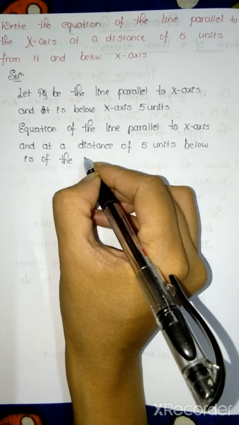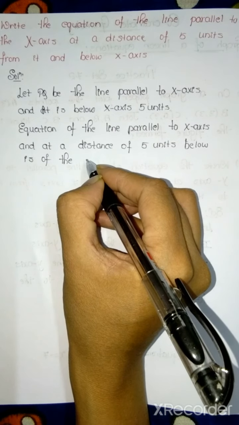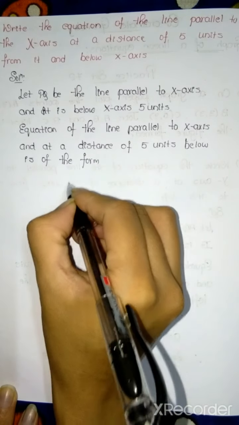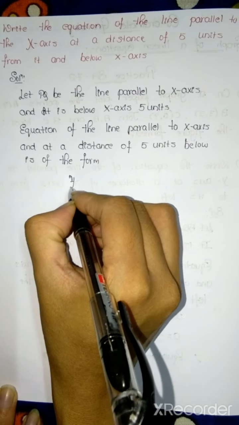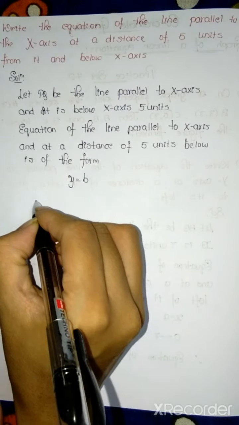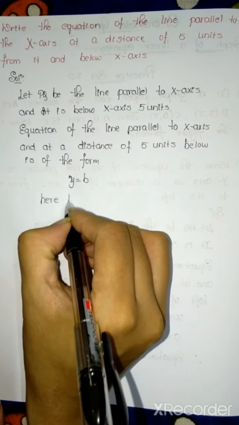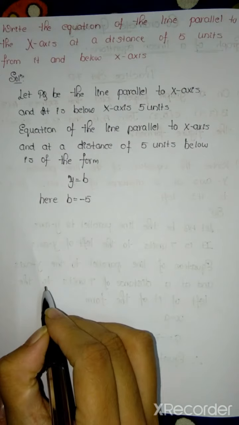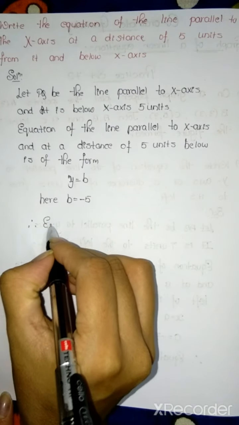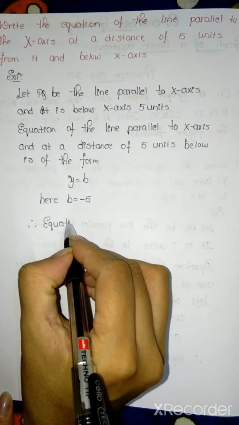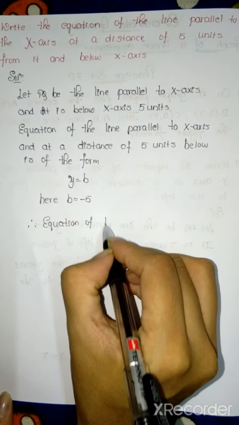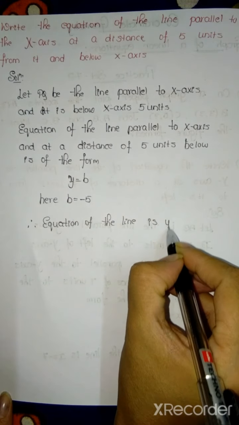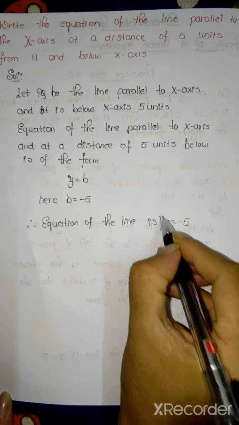सो वहाँ पे y एक्सिस के लिए पैरेलल दैट इज x इक्वल टू a. सो यहाँ पे x इक्वल टू b, वी आर टेकिंग द इक्वेशन एज y इक्वल टू b. सो हियर b इज इक्वल टू 5 यूनिट्स बिलो द x एक्सिस. सो यहाँ पे ये -5 में आएगा. सो देयरफॉर इक्वेशन of the line is y equal to minus 5.